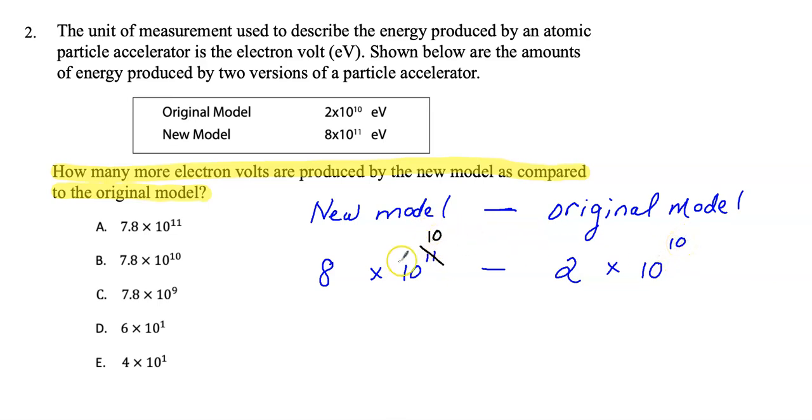But since I dropped this down 1 unit, I need to change this number to compensate for that. Let's focus in on this 8. Now remember, when you have a whole number, there's really a decimal there. It's just not showing. It always occurs at the end of the number. So I'm going to write it in right here.